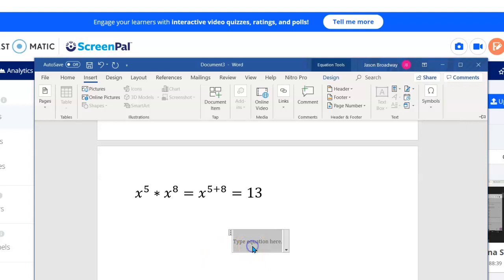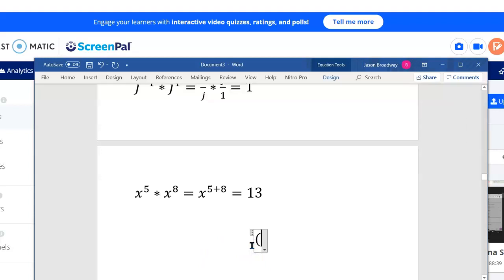What if I want to use 3y, and I want to do 3y to the 5th times 3y to the 8th. Instead of x to the 5th times x to the 8th, I'm doing something more complicated to the 5th times the same base to the 8th. Well, I just proceed like I did before. That's going to be 3y to the power of 13.